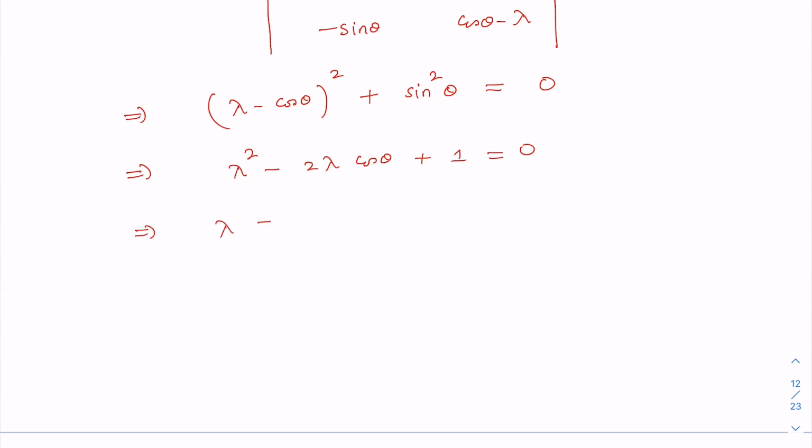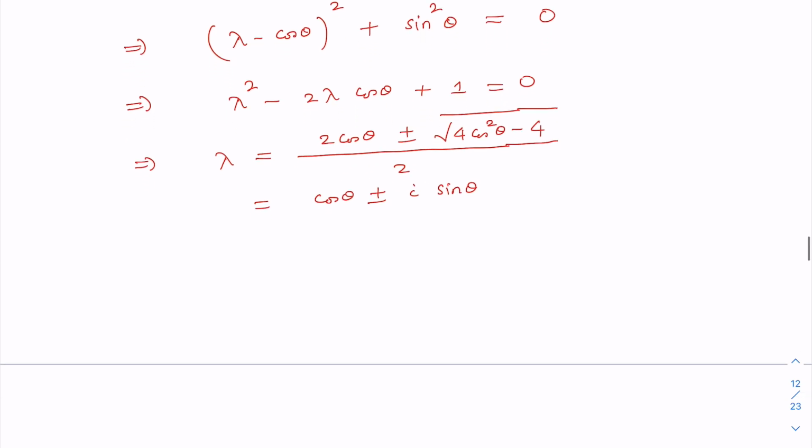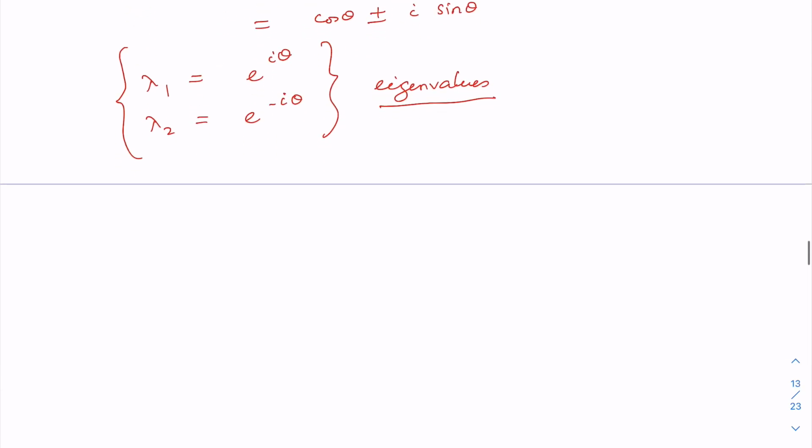So lambda is equal to cos theta plus minus i sine theta, which means lambda 1 is equal to e to the power i theta, and lambda 2 is equal to e to the power minus i theta. These are our eigenvalues.